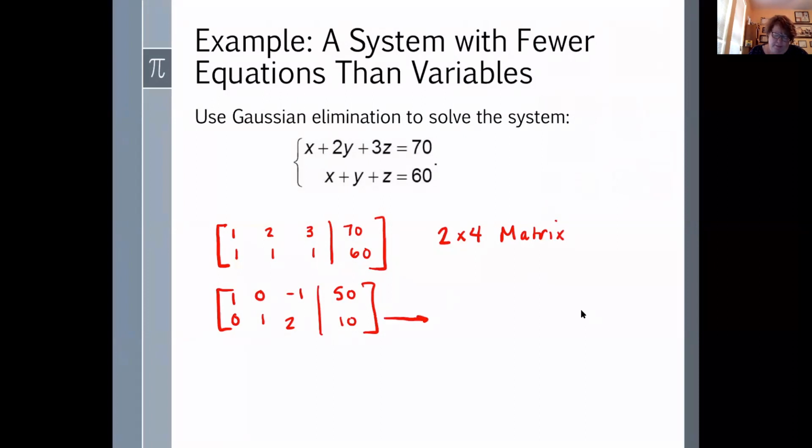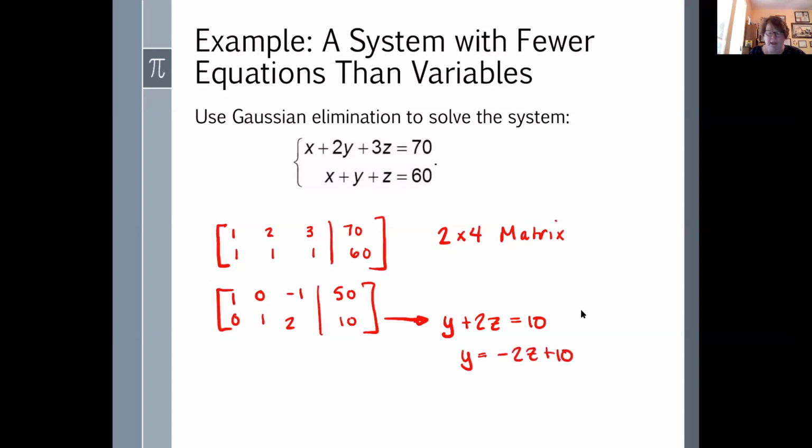And it says that y plus 2z equals 10. So I can subtract 2z from both sides and solve this equation for y in terms of z. So when I move the positive 2z from the left-hand side to the right-hand side, it becomes negative.